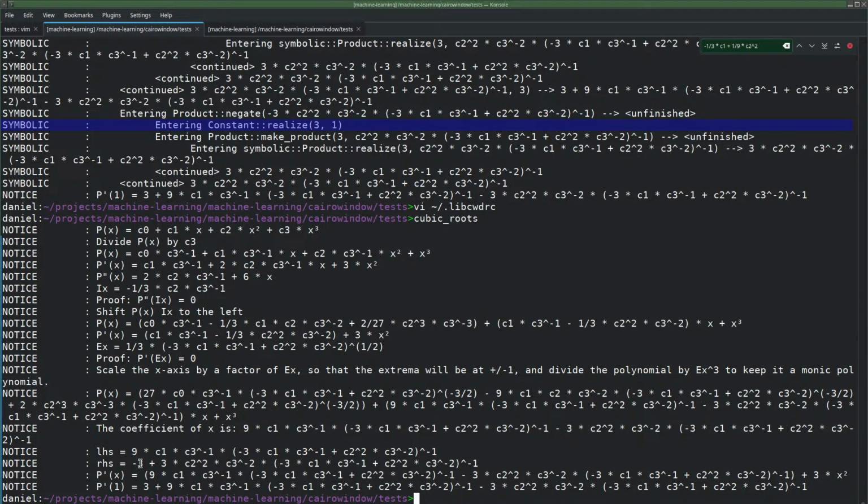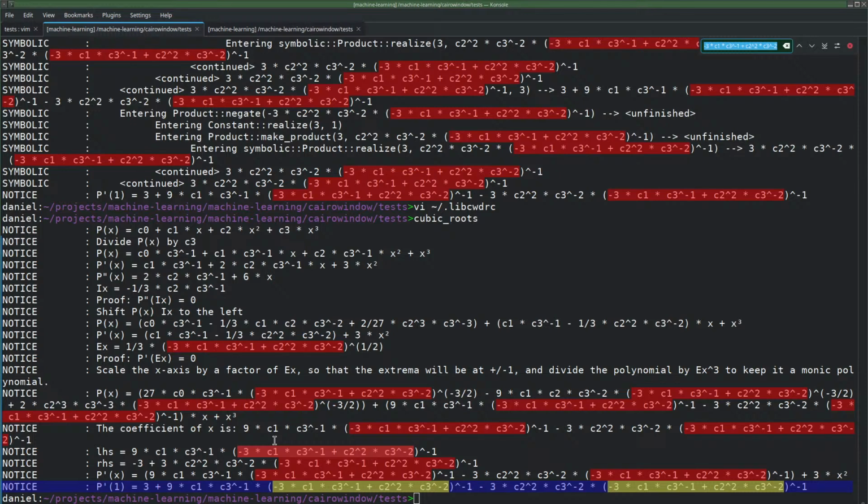Sorry, this one was -3, and I added this, which simplified this one because that had minus that also here, and they are still not the same. What is a good next step? Is it not dividing by that? I guess I could multiply both sides with this.